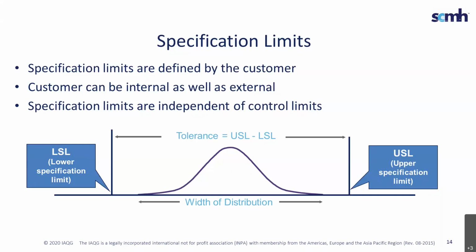They're two different things. Again, the control limits are the voice of the process, and the spec limits are the voice of the customer, right? And when we compare, again, as depicted in the picture, the width of the distribution of the process against those spec limits, that is actually what we call process capability.